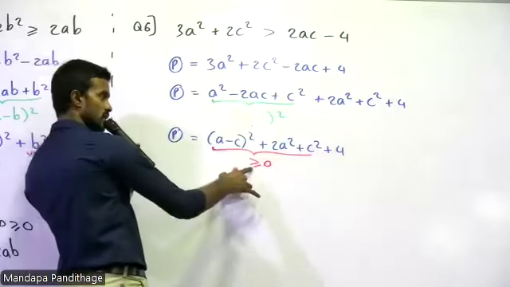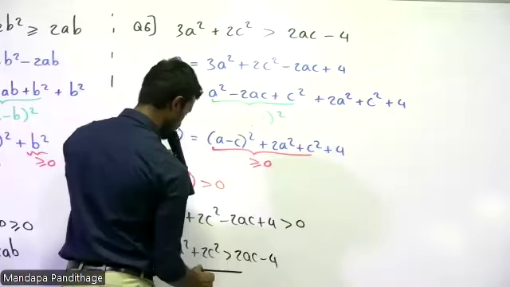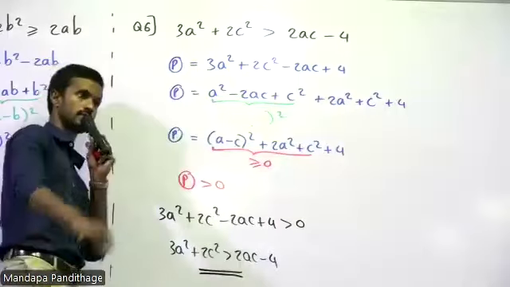So when we are having a plus some number, make sure you write this is greater than 0, not equal. So 3a squared plus 2c squared minus 2ac plus 4 is greater than 0, so 3a squared plus 2c squared is greater than 2ac minus 4. Hands up who got this answer, the last one, everyone got it?